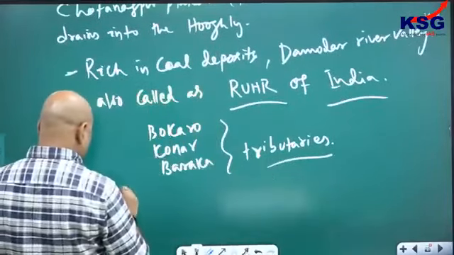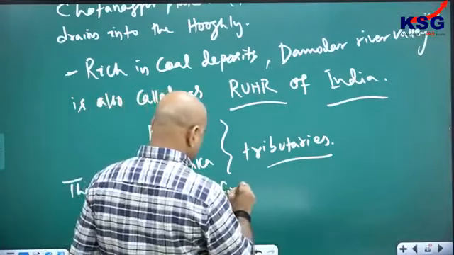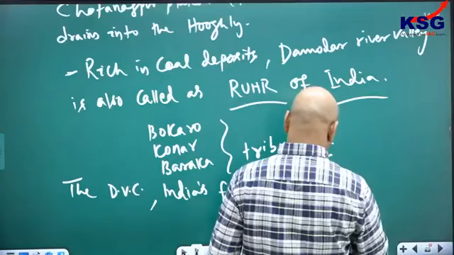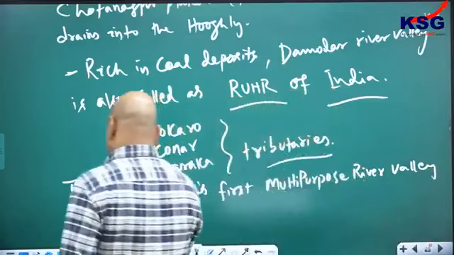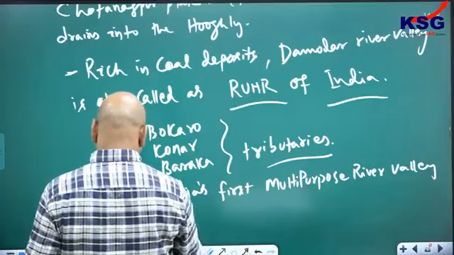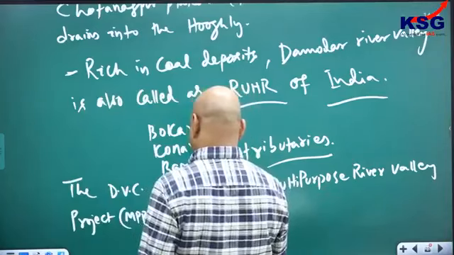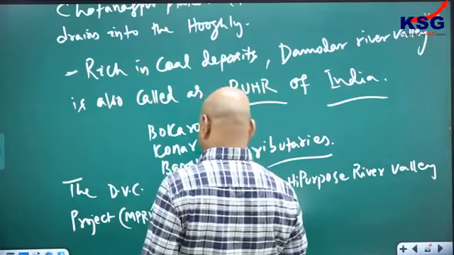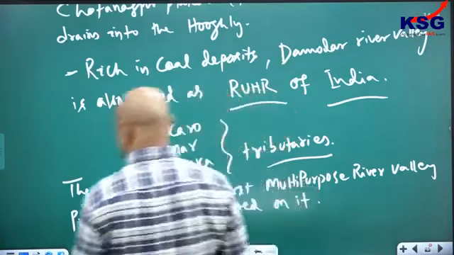The Damodar Valley Corporation, India's first multi-purpose river valley project, MPRVP, is constructed on this river, Damodar river.